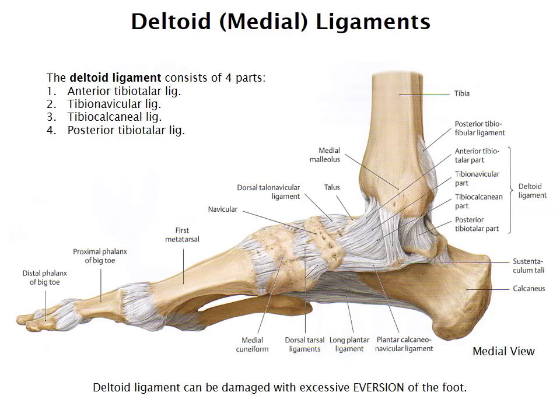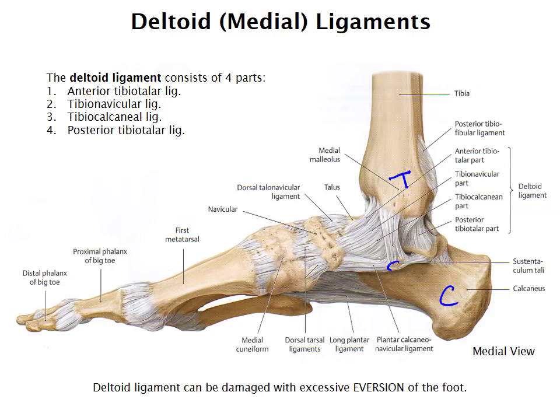You do not need to know this entire slide. There are a few things that I do want you to know. First, what we're looking at is a medial view of the foot and of the ankle. So here we have the medial malleolus, so we're looking at the tibia. Obviously here we have the calcaneus.